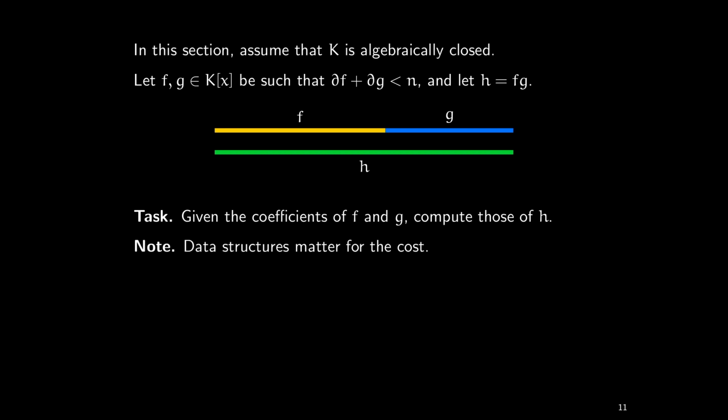So if I have f and g given, and I know the values of f and g at some n distinct points, then those values uniquely determine f and g. And with this representation, I can easily compute the values of h, because the value of h at a certain point is just the product of the value of f at this point and the value of g at this point.